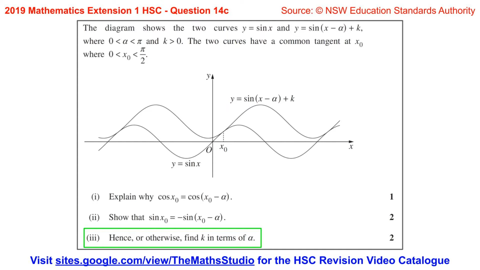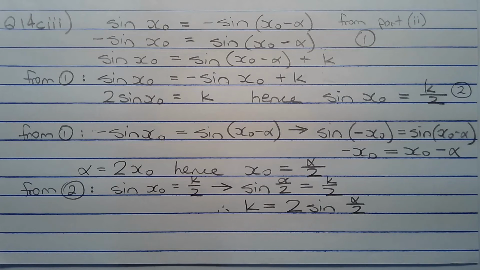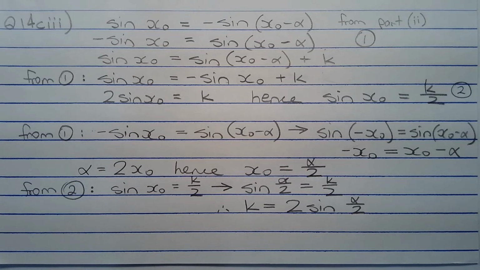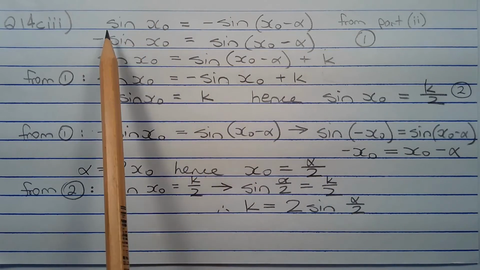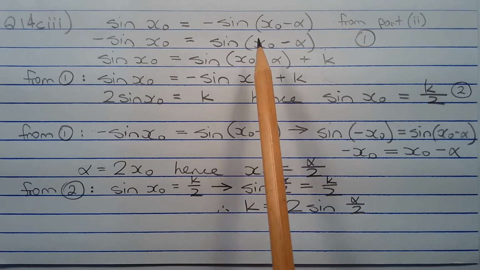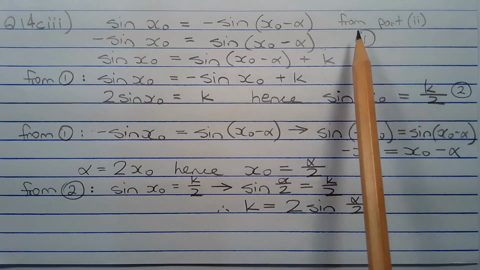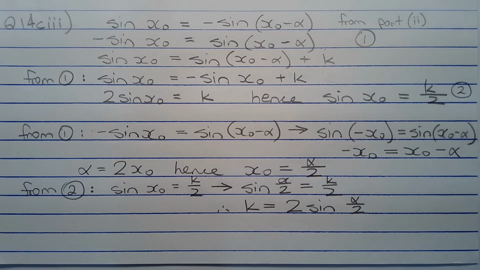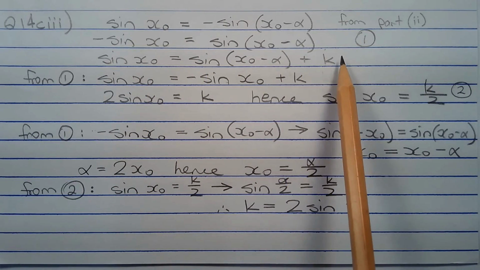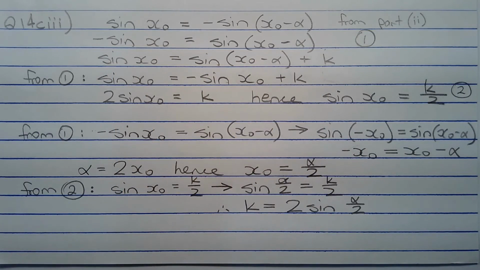Part 3. Hence or otherwise, find k in terms of alpha. From part 2, sin x0 equals negative sin(x0 minus alpha). Multiplying both sides by negative 1, we get negative sin x0 equals sin(x0 minus alpha). We'll call that equation number 1. Now we also know that sin x0 equals sin(x0 minus alpha) plus k, since that is the point where the two curves intersect.